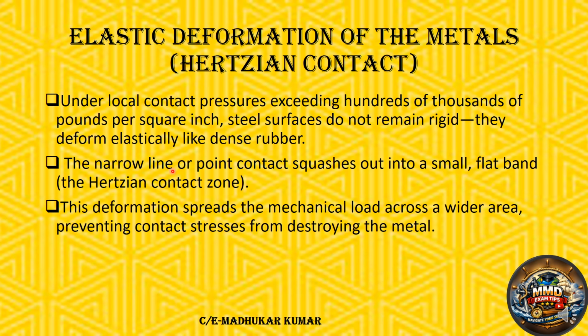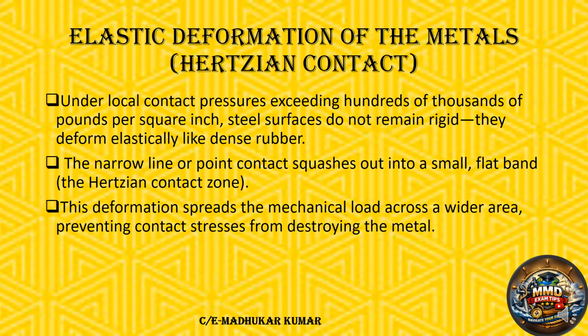The narrow line or point contact squeezes out into a small flat band, and this deformation spreads the mechanical load across a wider area, preventing the contact stresses from destroying the metal. So basically, due to this, it allows the load sharing part also, lubrication part also.